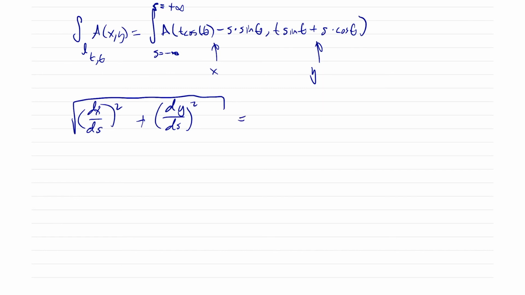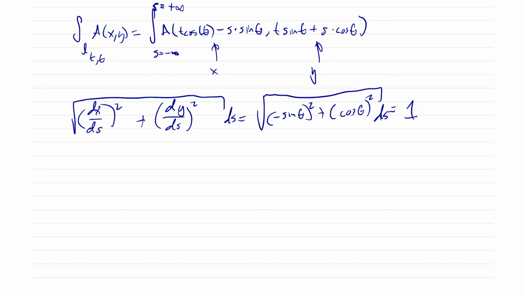That is going to give us the square root of minus sine theta squared plus cosine theta squared, and that is just 1. Sorry, this should all be by ds in our change of coordinates. And so all that goes here is just ds.